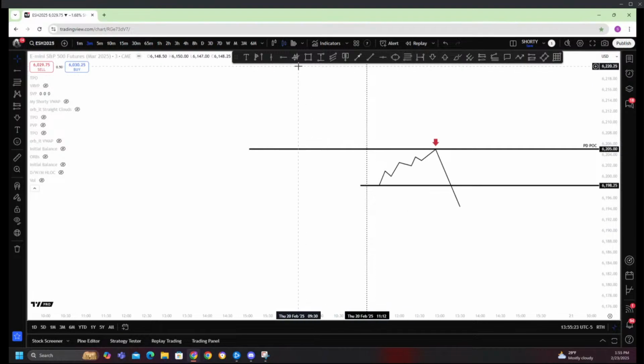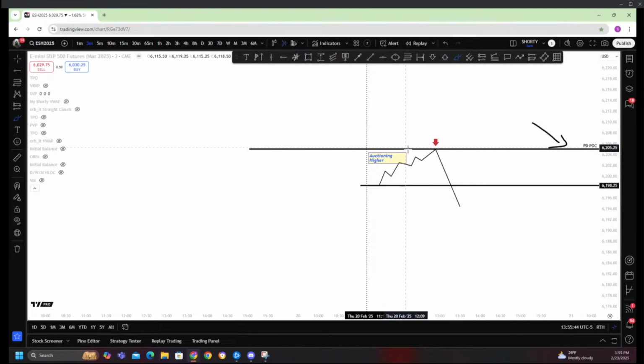So let me just write it up so you guys can see it maybe visually. So you're auctioning higher, right? Then you hit a pivotal level, which is our PDPOC, right here.